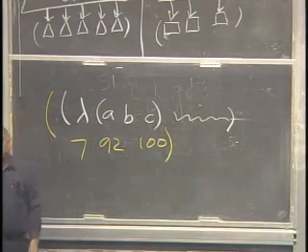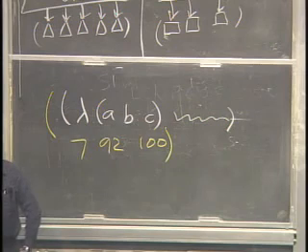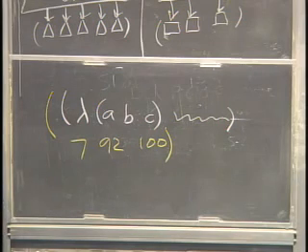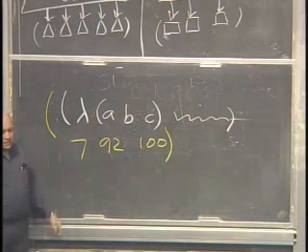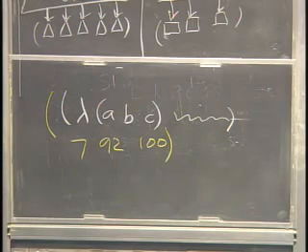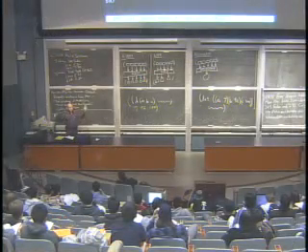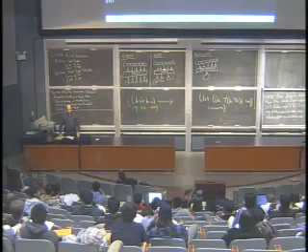And we combine each formal parameter with the corresponding actual argument expression, and that makes the let really easy to read. We can read it by saying, oh, okay, I get it. A has the value 7, B has the value 92, C has the value 100, instead of having to look in 2 different places for the names and the values. And then comes the body of the lambda. And the let doesn't just abbreviate the lambda, it abbreviates this whole thing, which is a lambda that's invoked with arguments. Okay?